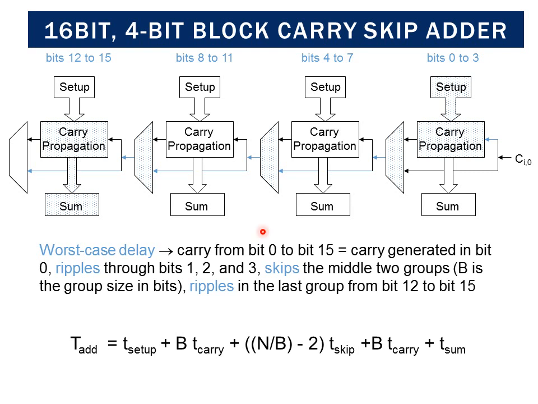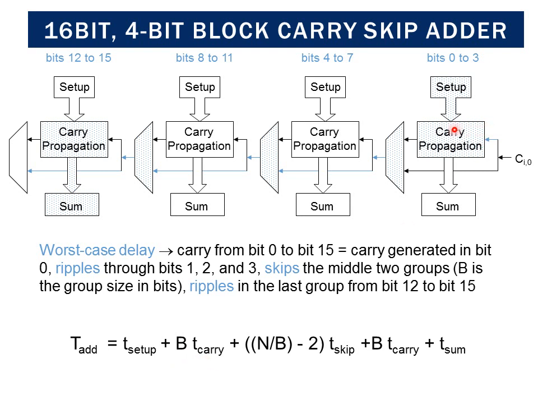So in summary, the worst case delay is: the carry propagates through the first block, bypasses all the intermediate blocks, and then propagates through the last block and then the sum. Therefore we can calculate T add, the total delay, as T setup, which is the time required for calculation of P0 and G0, plus B times T carry.